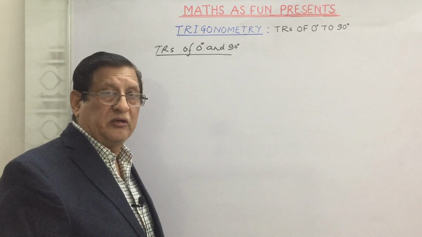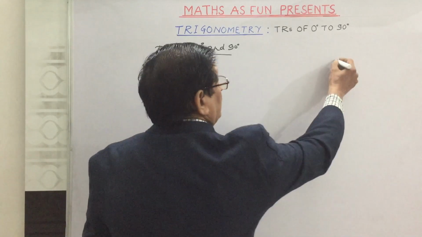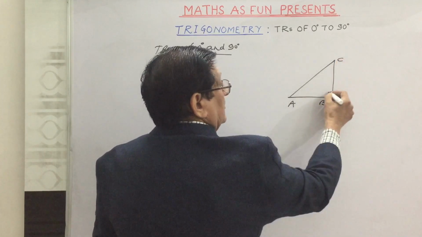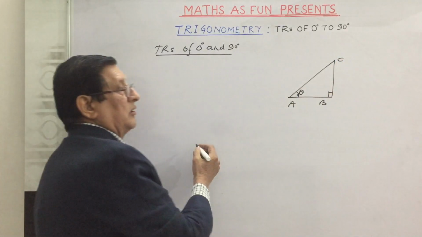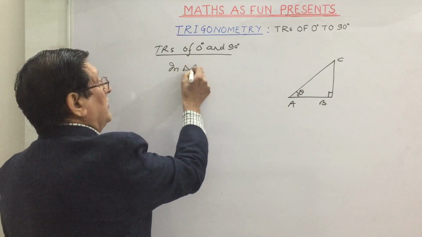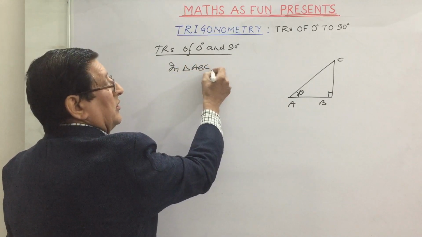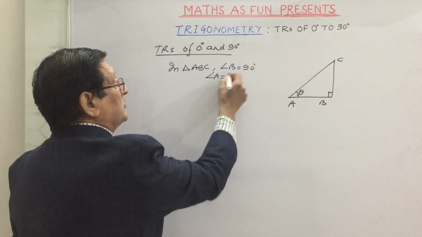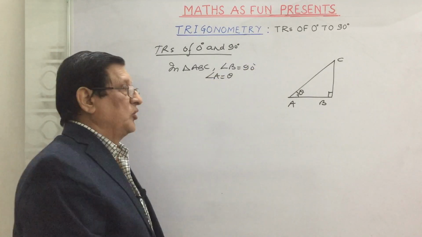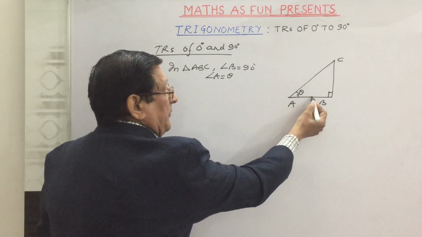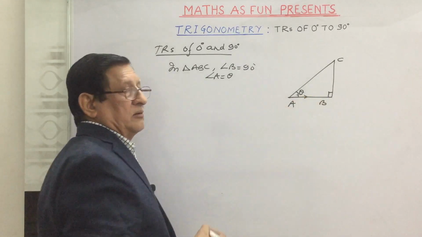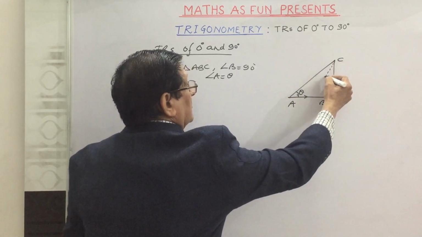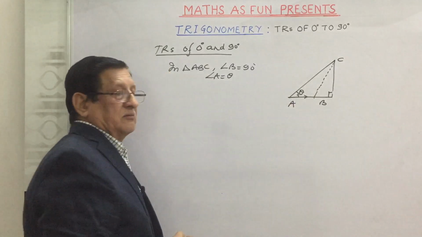Now for the angle of 90 degree. We take one of the triangle again ABC. This is 90 degree, this is theta. In triangle ABC, angle B is 90 degree, angle A is equal to theta. Now we know, as this point A approaches towards B, the angle will increase, the value of theta will be increasing.